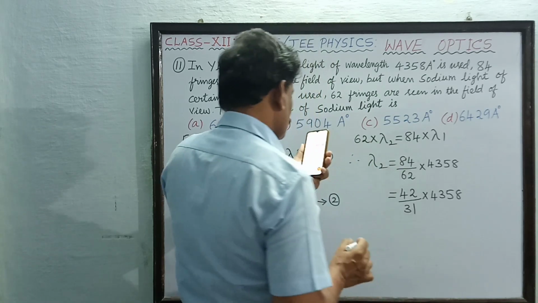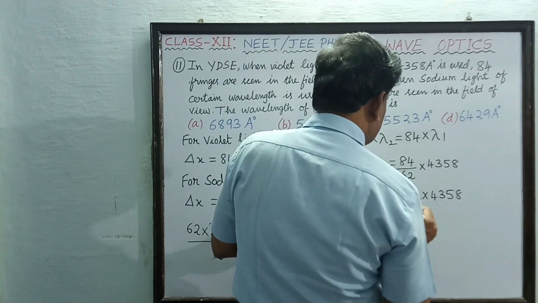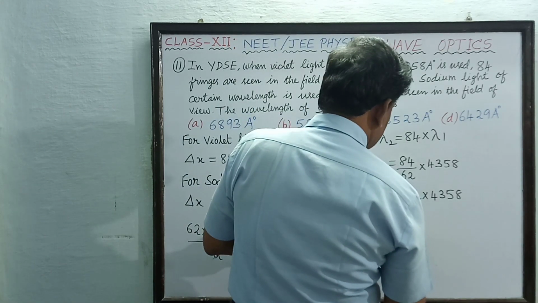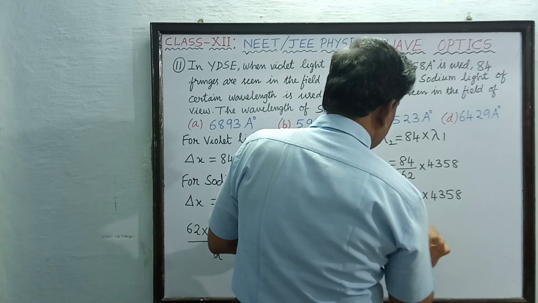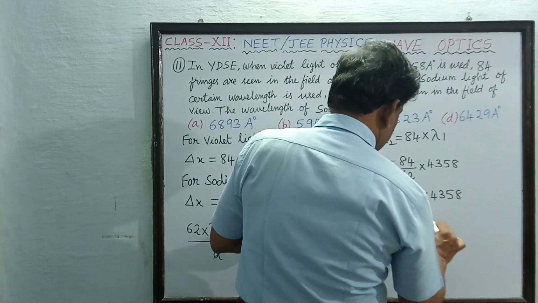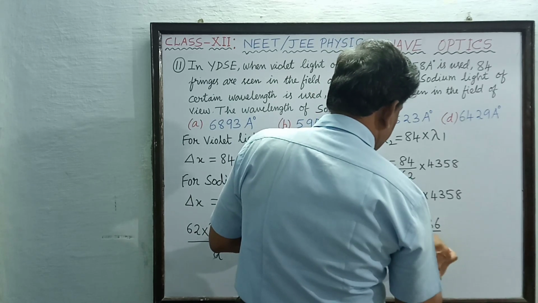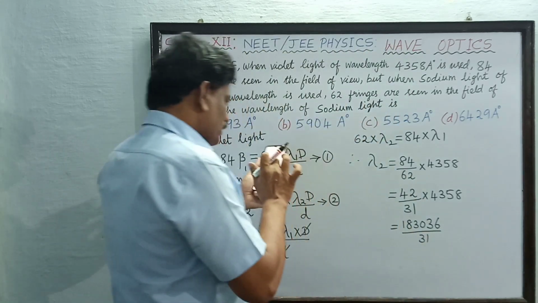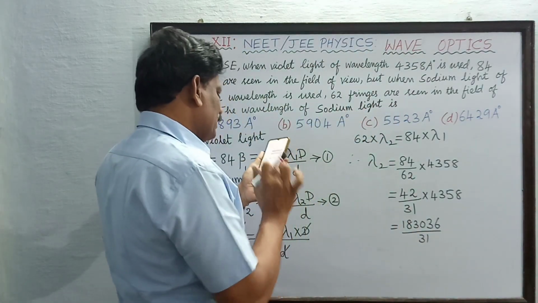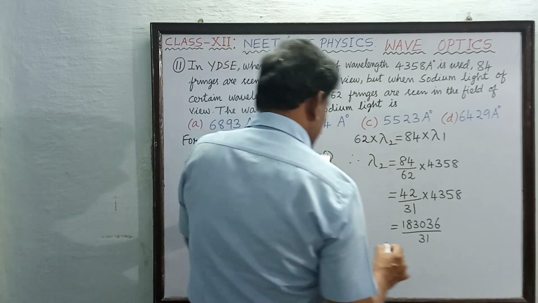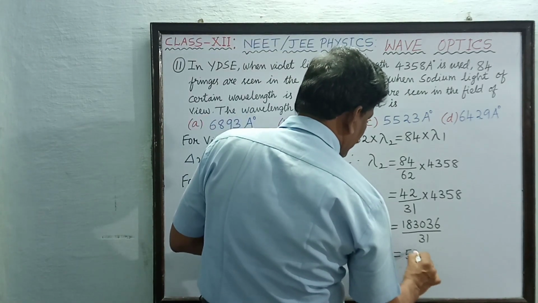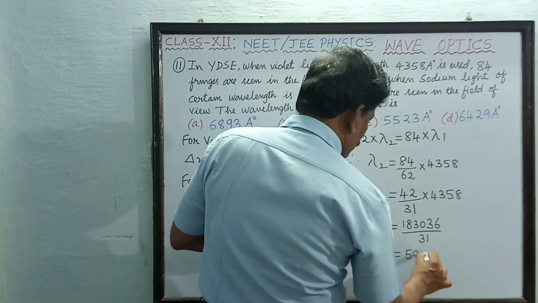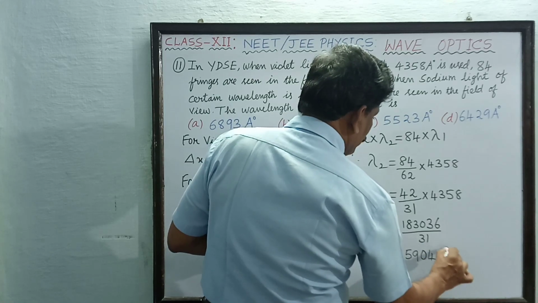So this is equal to 183,036. Then 183,036 divided by 31. So this is equal to 5904 angstrom unit.